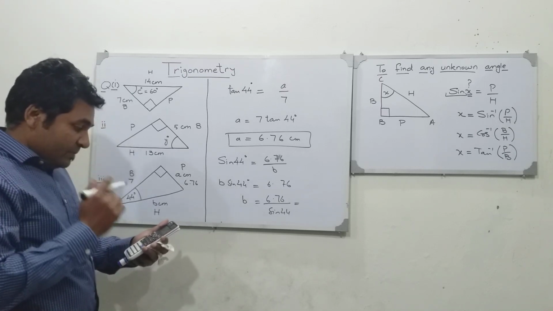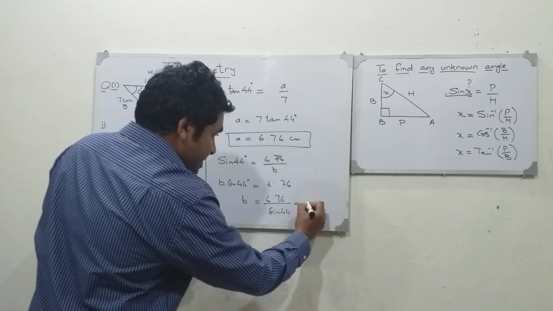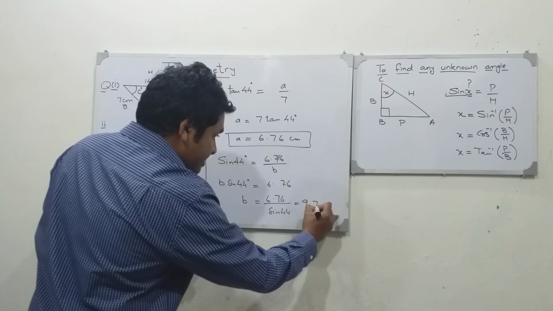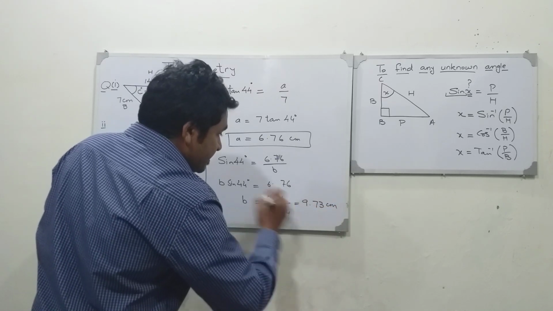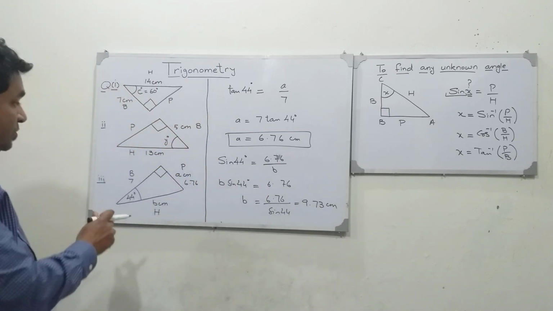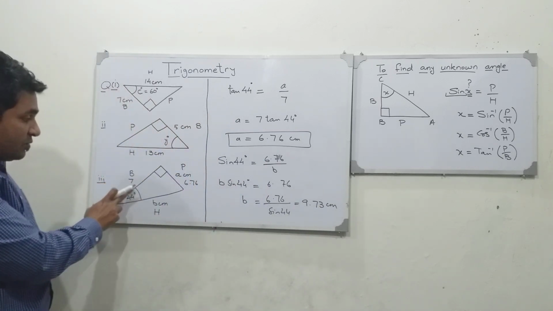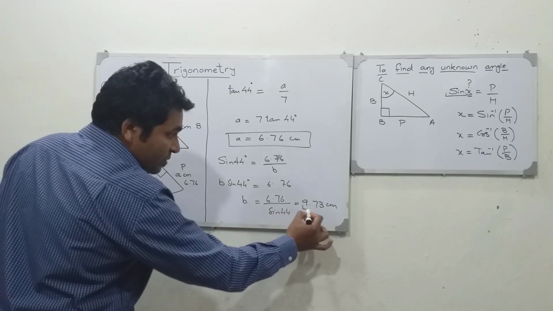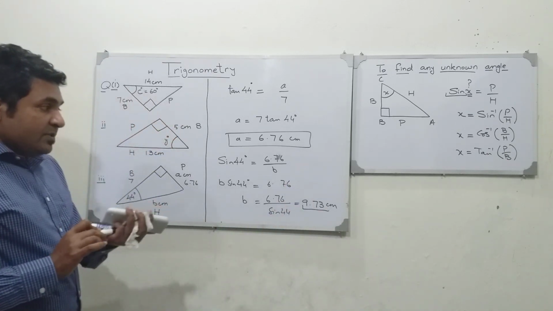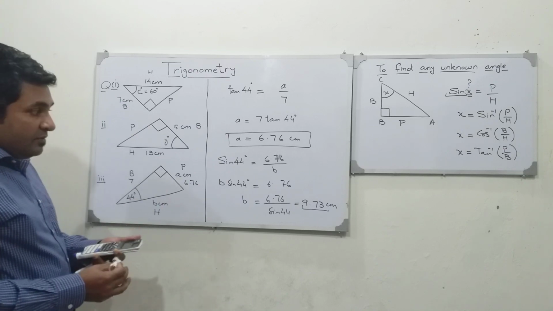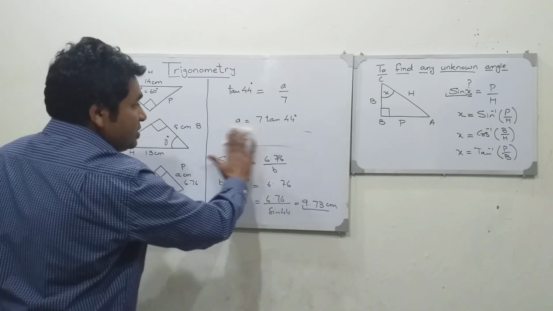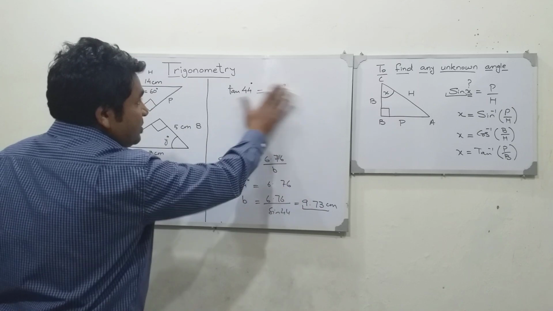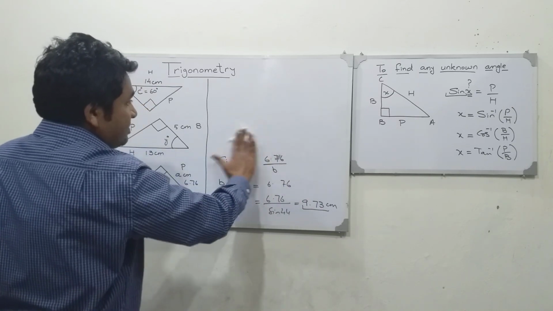So the answer is 9.73 centimeters. So quickly use this base over hypotenuse and get the answer, and check whether you are getting the same answer, because there you will be using a different ratio. So quickly use that and tell me whether you are getting the same answer or not.